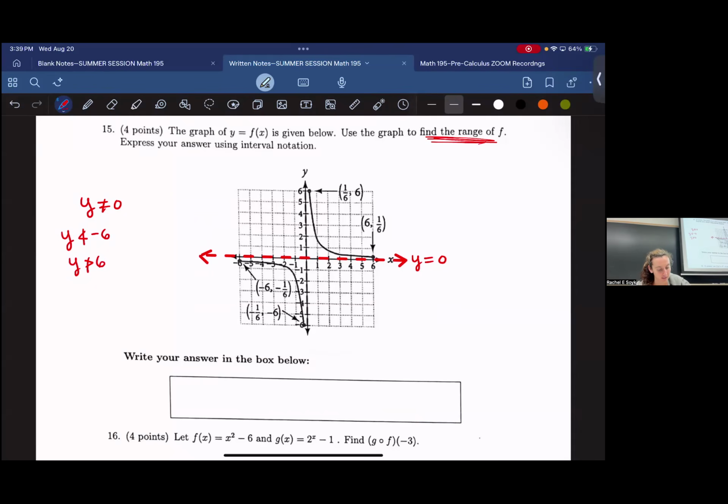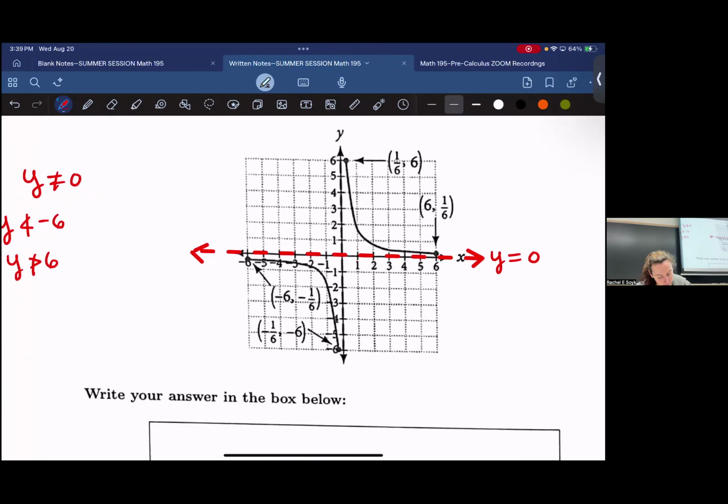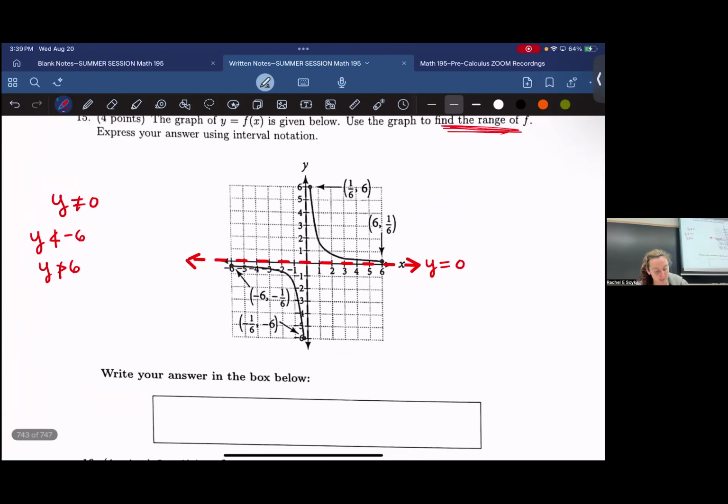Also, by the horizontal asymptote, there's no arrows, so it ends at -1/6 and 1/6, not at 0. Like it's not going to the asymptote. Yeah. Good. Really good observations.